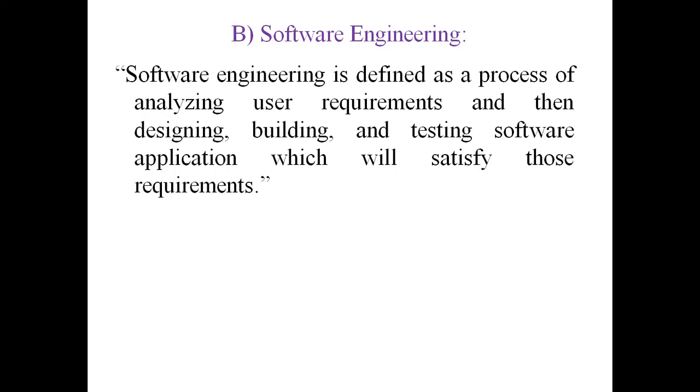So without the customer requirements, no application is going to be implemented. And even if implemented, it will not guarantee you income or any profit. So that's why while developing any software, we need some user requirements.